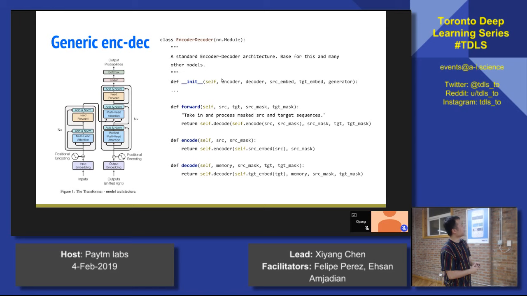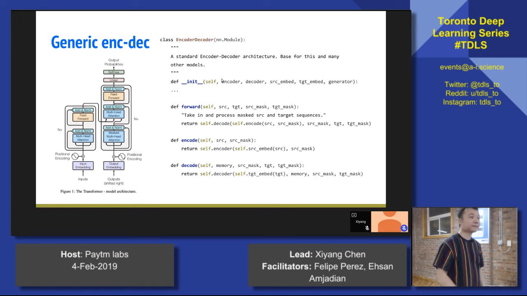Then you take that result and feed it into the outer layer, which is a decoder, along with what you get, which is this line here. With that line, you also input the target, which we just talked about, which is the partial French, and also the target mask.